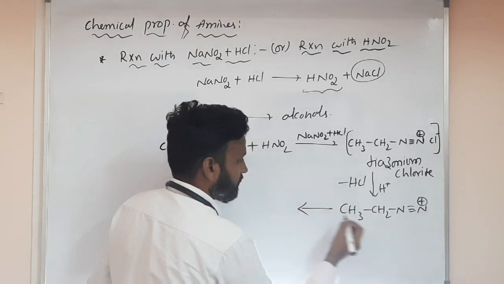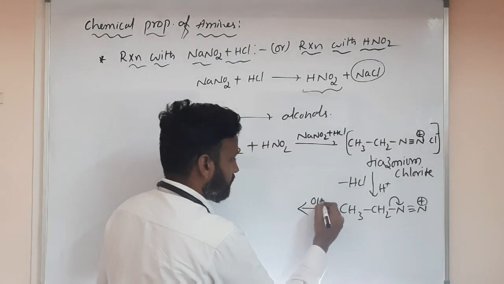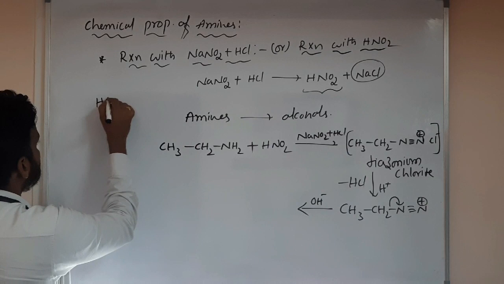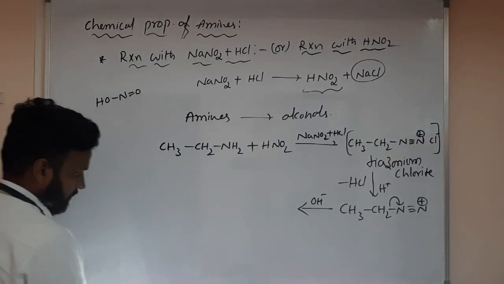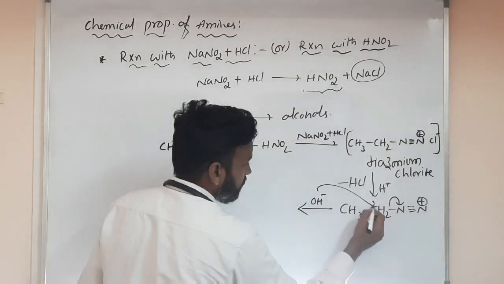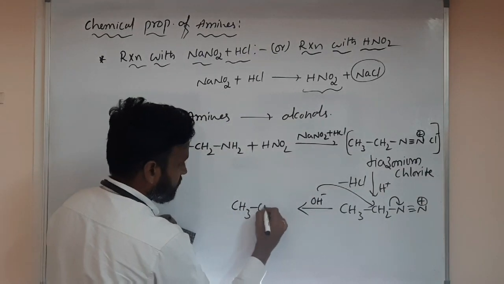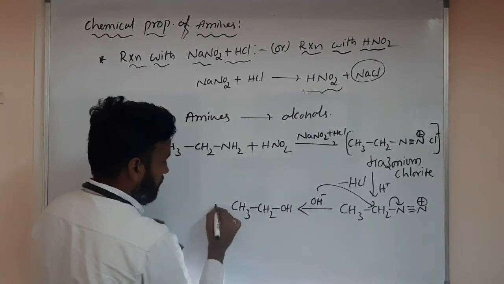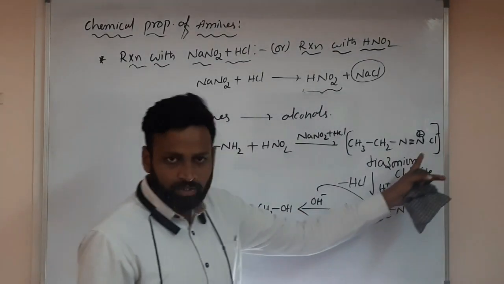Now HNO2 will provide OH minus, and the OH and double bond go like this. Now this OH minus will come over here and N2 will be removed. So our product is CH3CH2OH, plus N2 removed. Understood?